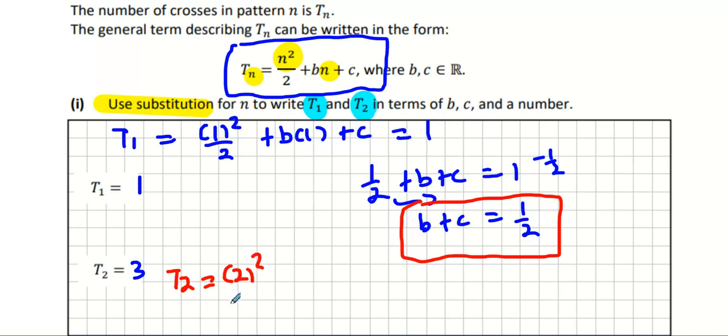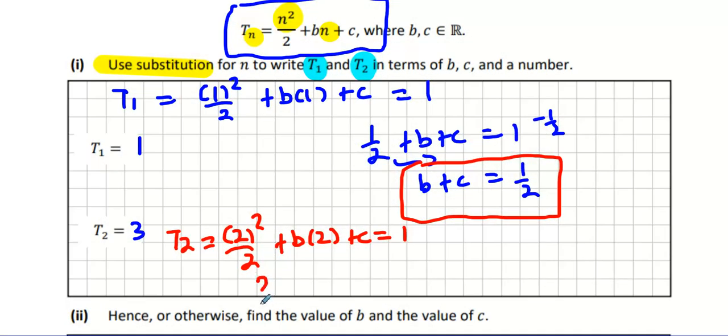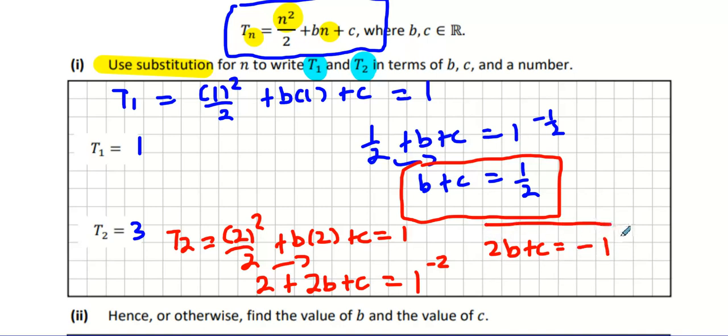So we have 2 squared over 2 plus b times 2 plus c equals 1. I'm going to have 4 divided by 2 is 2. I'm going to have 2b plus c equals 1. I'm going to bring over that 2, so I'm going to have 2b plus c equals 1 take away 2. 1 take away 2 is minus 1. And here lie my two simultaneous equations.